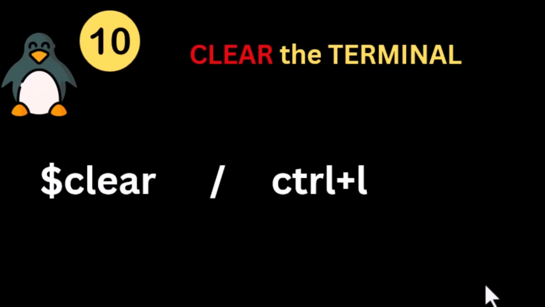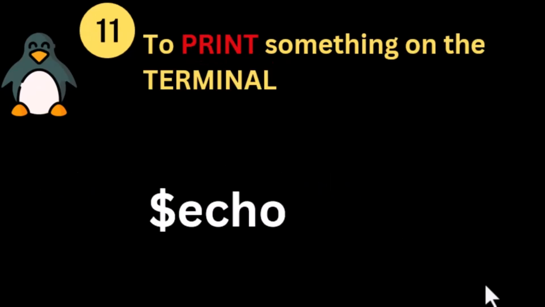Next command is command number 11, the echo command. It is used to print something on the terminal. So again, going to terminal, we write here echo, and suppose I write here hello, we are learning Linux here.